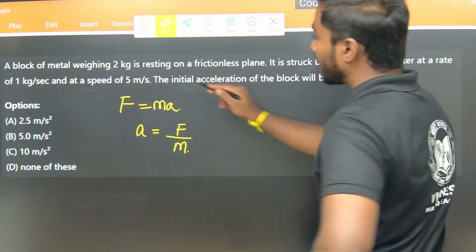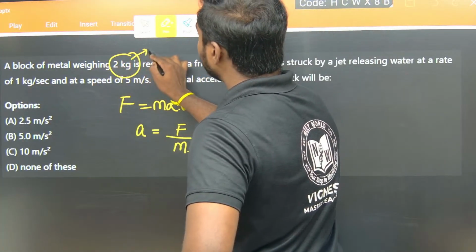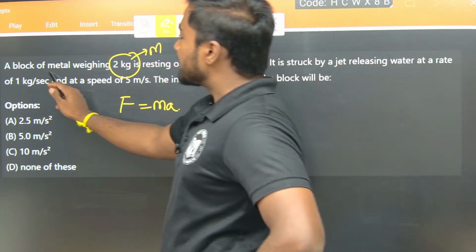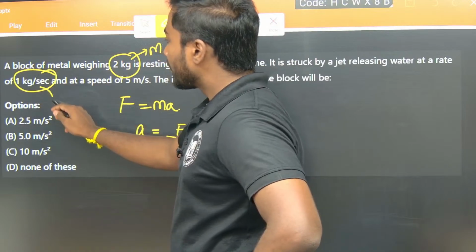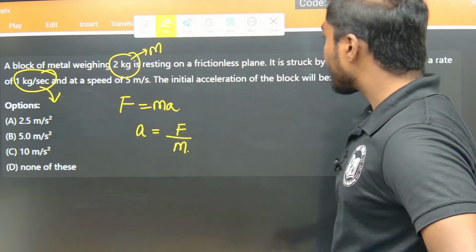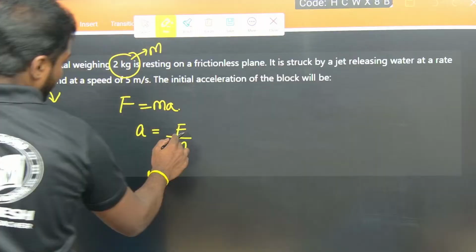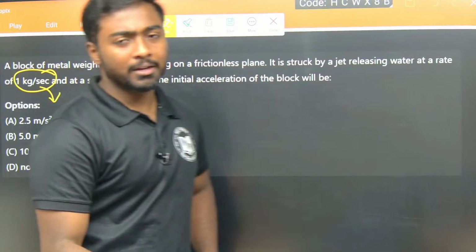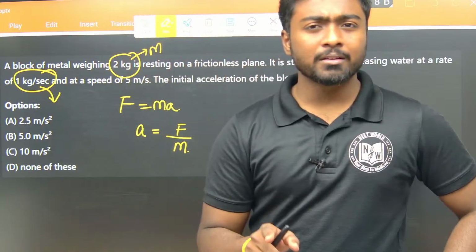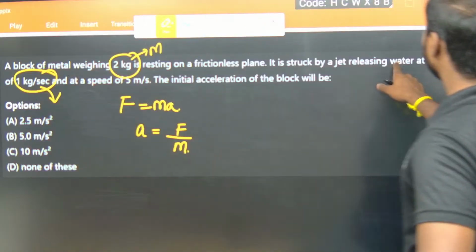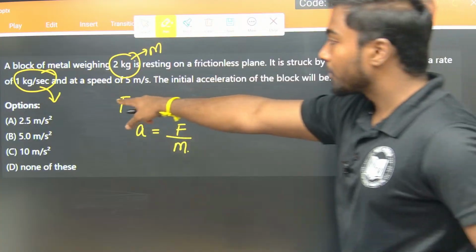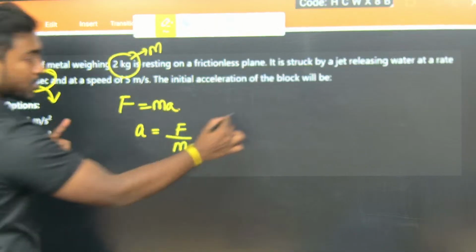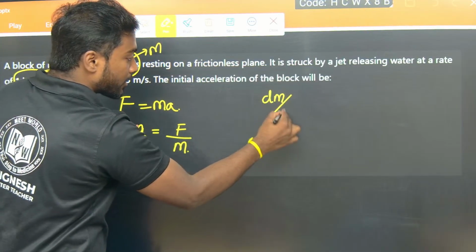I'll say this also, m is given, and they have said 1 kg per second. Which means I can write F as again mass into acceleration. They are saying that it is releasing at the rate of dm by dt.